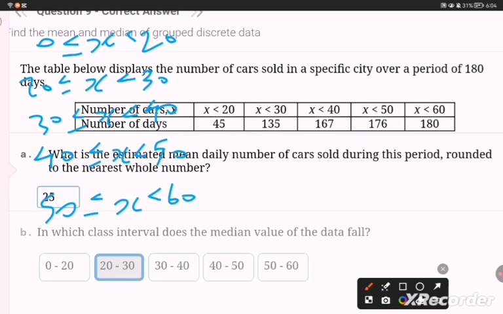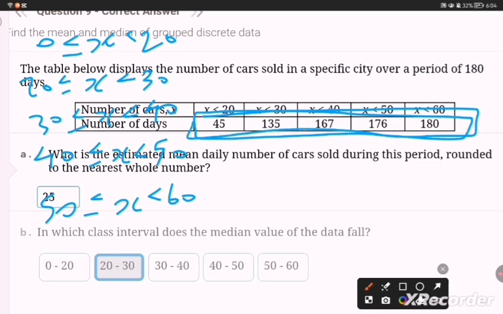So in this case, what you do is you find the midpoint, you multiply it by the frequency. Now, if you look at these values over here, those are not your frequencies. The reason why those are not your frequencies is because they told you that the table below displays the number of cars sold in a specific city over a period of 180 days.